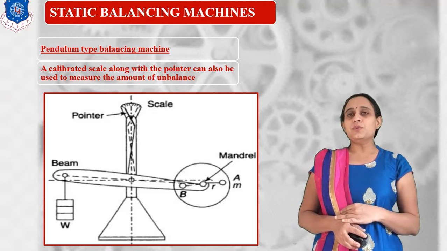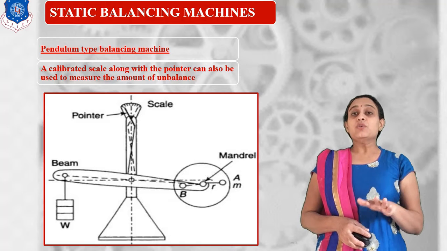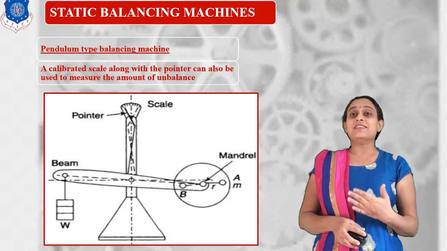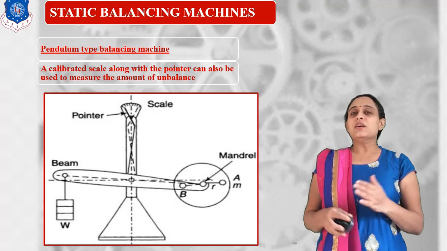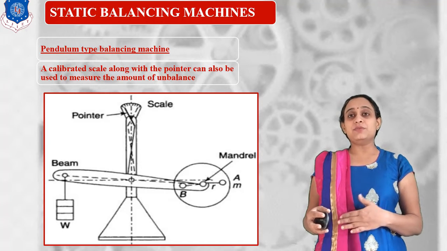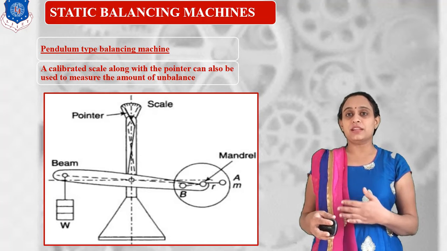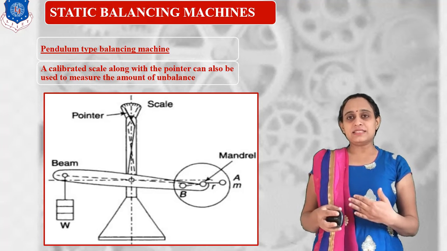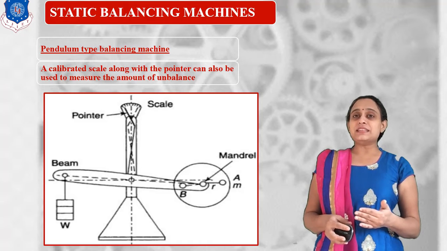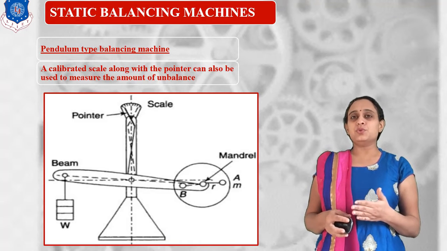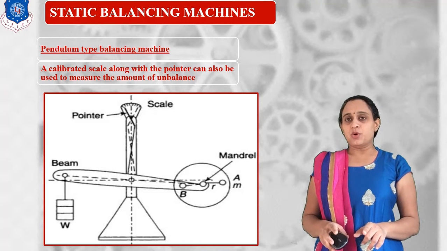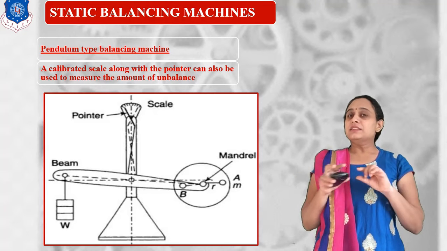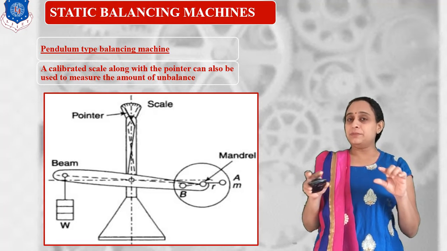In a balancing system, we often balance our system as a mass balancing system. We need to balance the masses only. For mass balancing, there is a support, and on the support there is a lever, which is known as a beam.